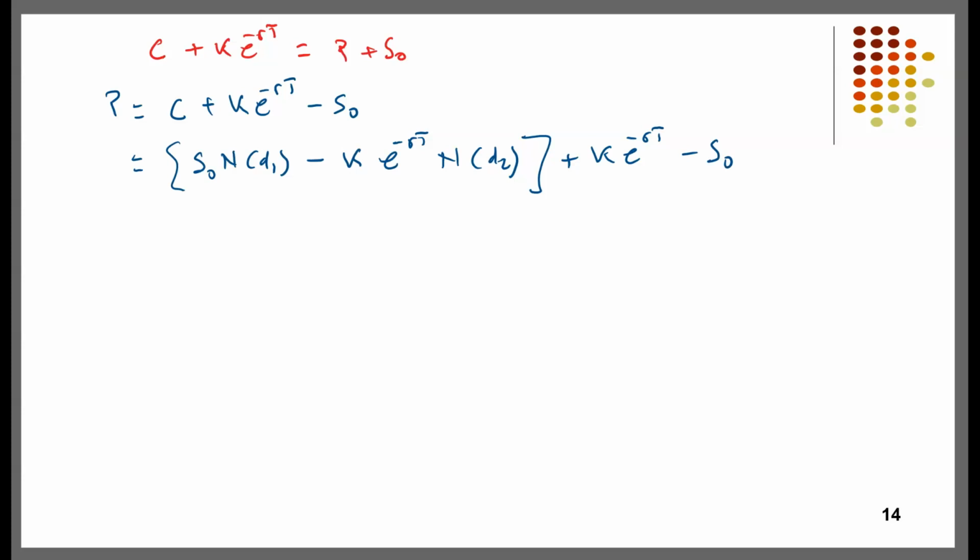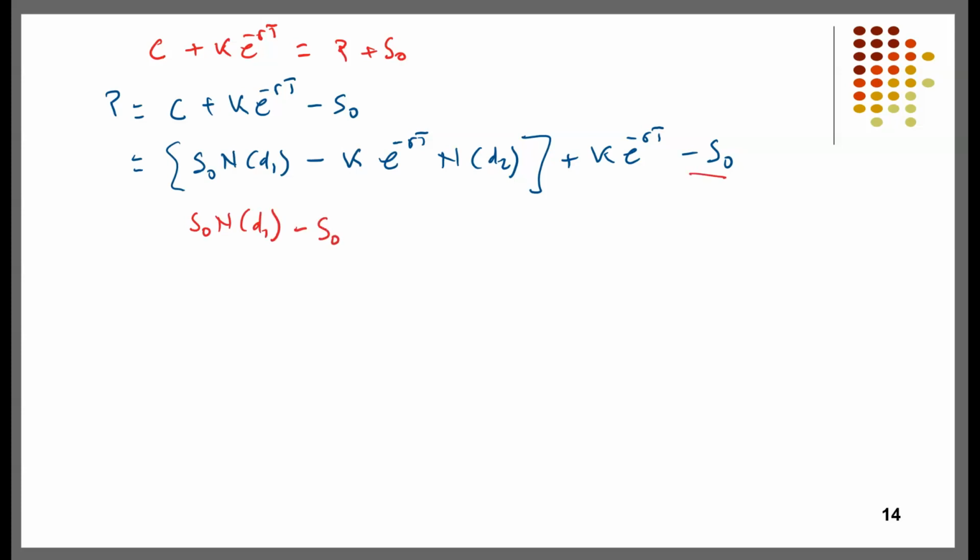Okay, so we get rid of the parentheses or brackets. What do we have? We have S0 N(d1), and then minus S0 here.